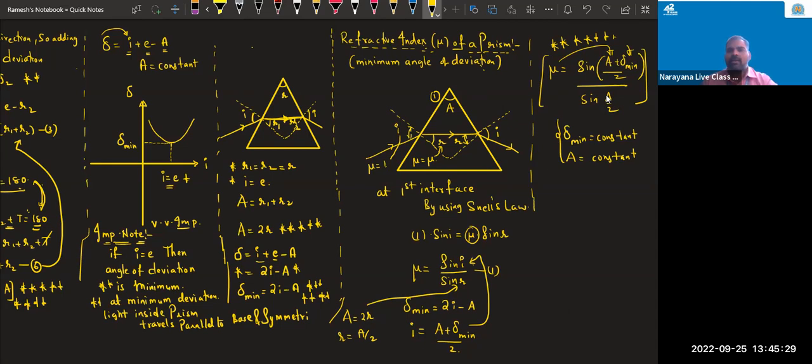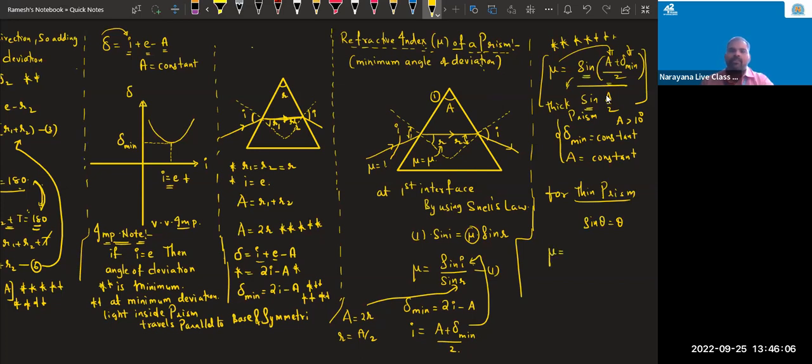But this formula is valid only for a thick prism, meaning the angle of prism is more than 10 degrees. For a thin prism, and most prisms are thin, all angles are very little. So with your permission, shall I write sin theta equal to theta, using the small angle approximation?